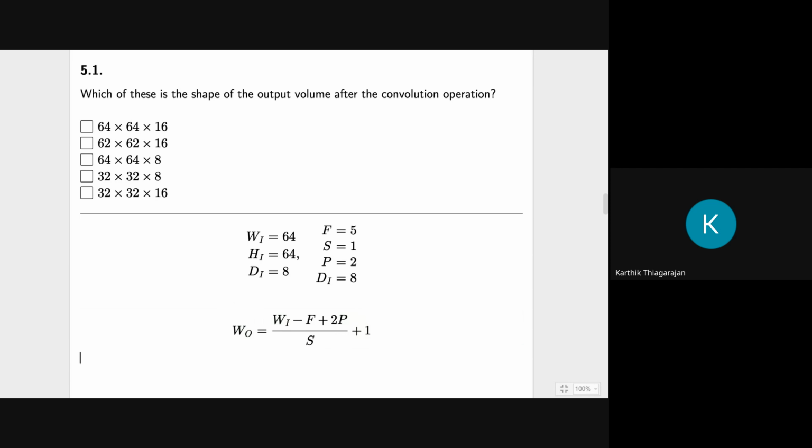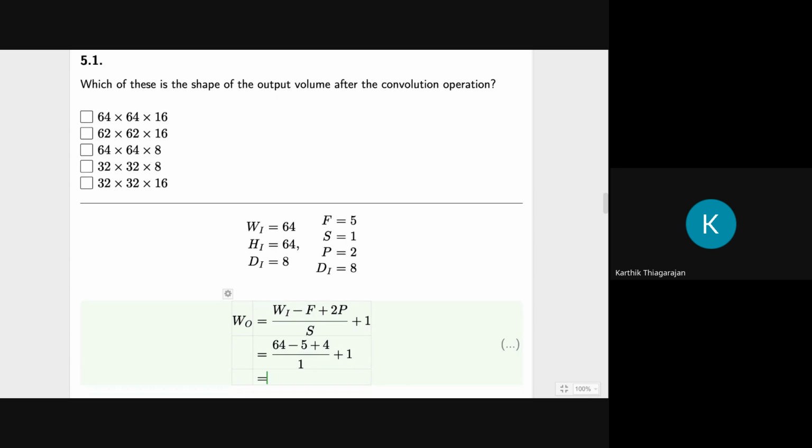So this turns out to be 64 minus 5 plus 4, divided by 1, plus 1. So 64 minus 5 plus 4 is 63, plus 1, so it will turn out to be 64.